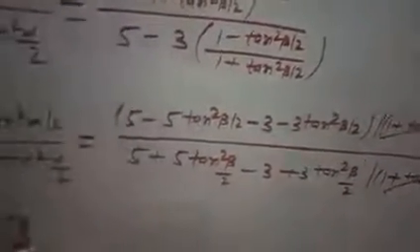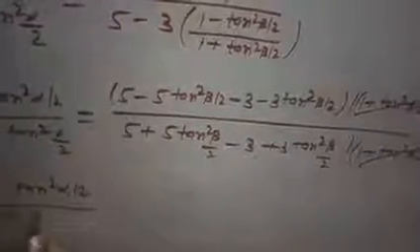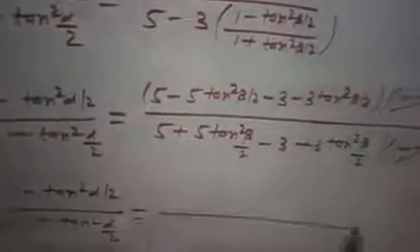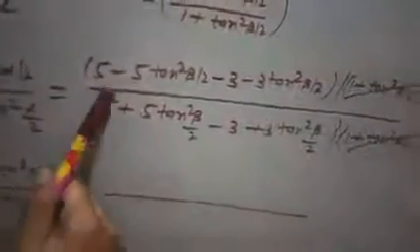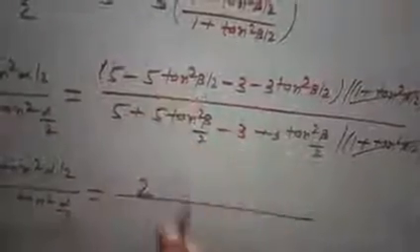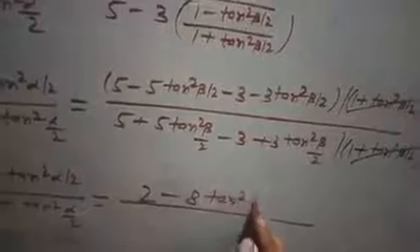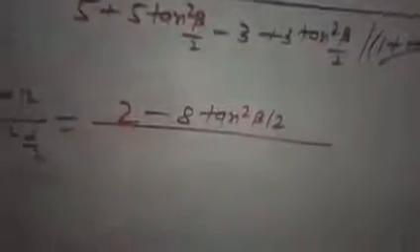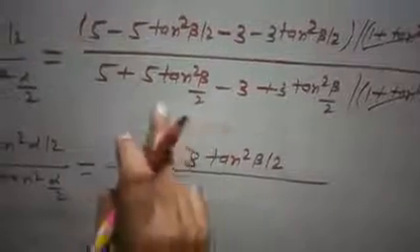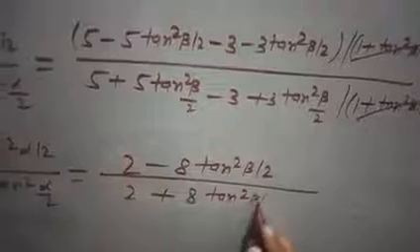So in the very next line, now we can see 5 minus 3, that is 2, and 5 plus 3 is 8 tan square beta by 2. Now 5 minus 3 is 2, plus 5 plus 3 is 8 tan square beta by 2.